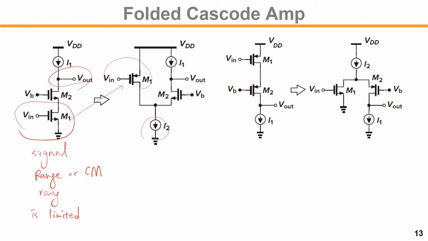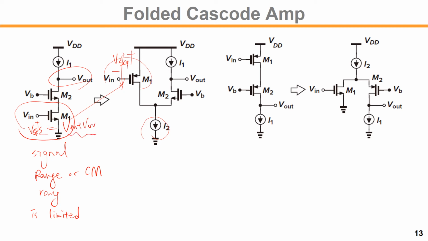Then what happened? The input range would be near VDD, because we have to set up the VSG here for the PMOS. On the left hand side we have to set up the VGS, right? That would be VTH plus overdrive voltage, right?